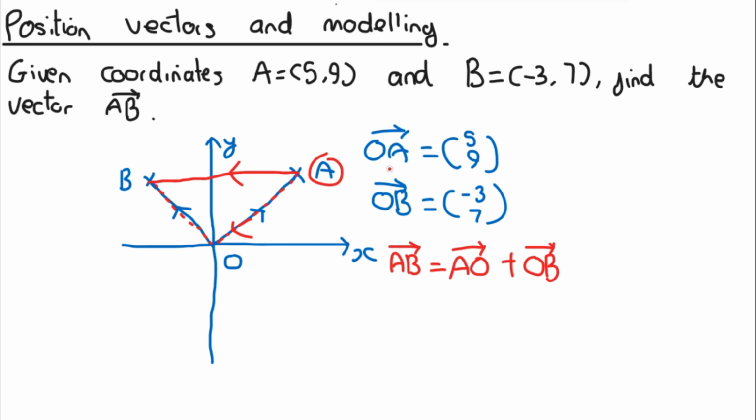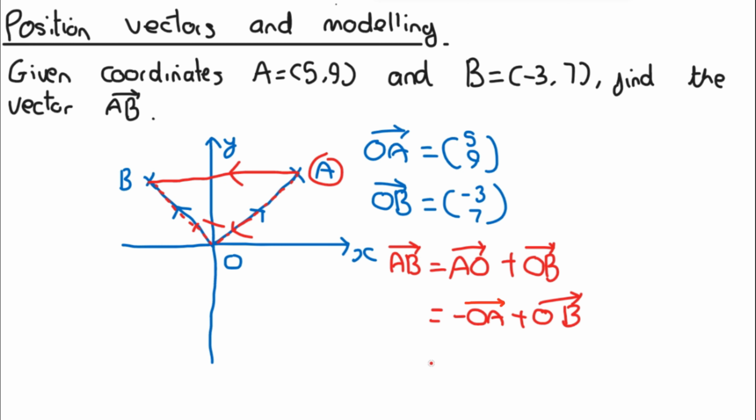And AO is the opposite of OA, so we can just do minus OA, because remember we're going in the opposite direction here. This direction is fine because we're going in the same direction, plus OB.